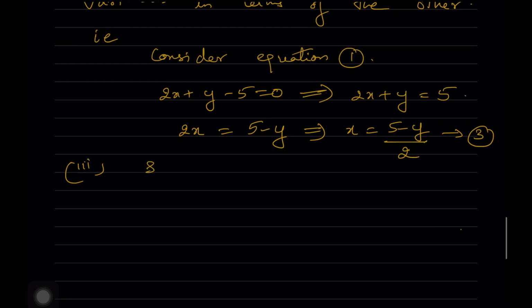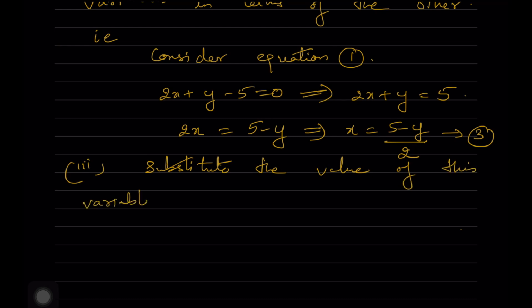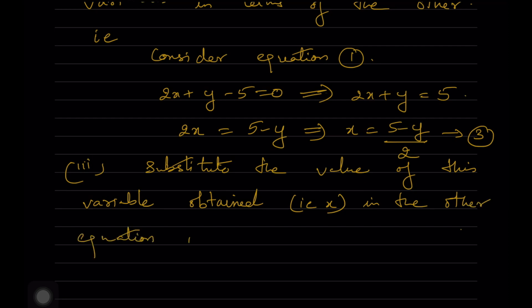This equation 3 we substitute in equation 2, not in equation 1, because from equation 1 we got the x value. So we substitute the value of this variable, which we got in equation 3, the x value, in the other equation, that is equation 2.